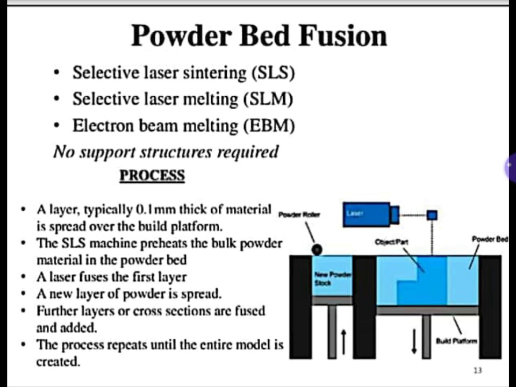This process is the same as the previous process, but here we are going to use powders which can be hardened by a heating process. That is, this is a diagram of this particular process, that is the fusion process.